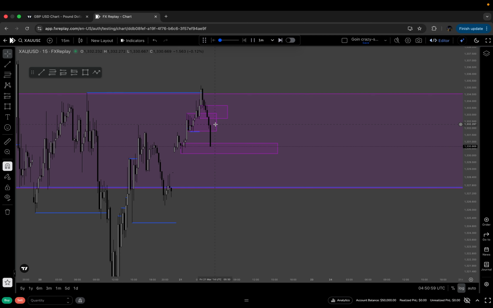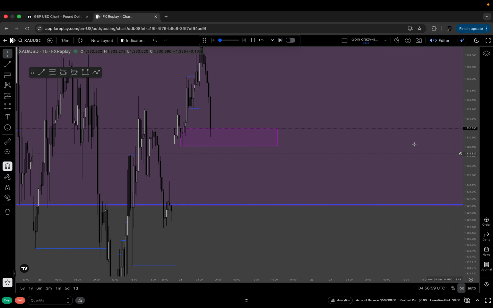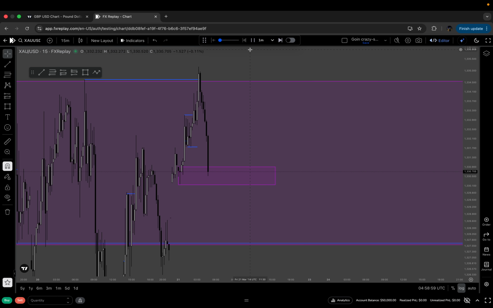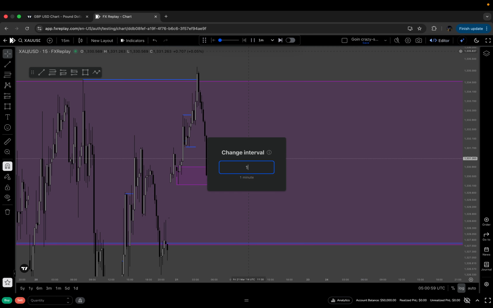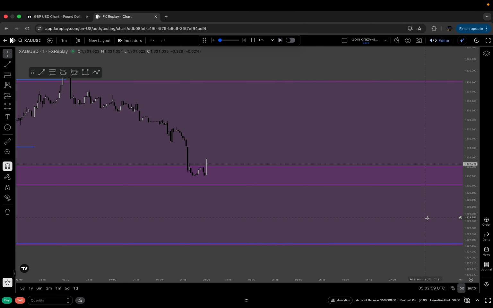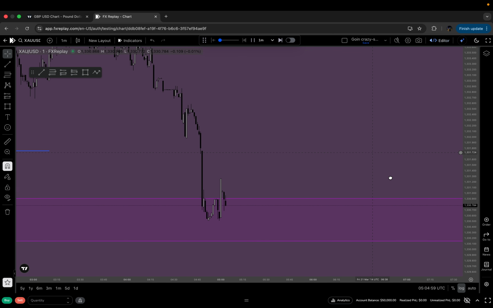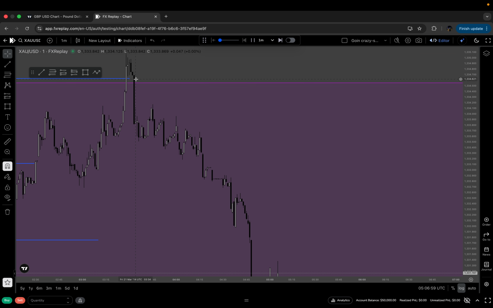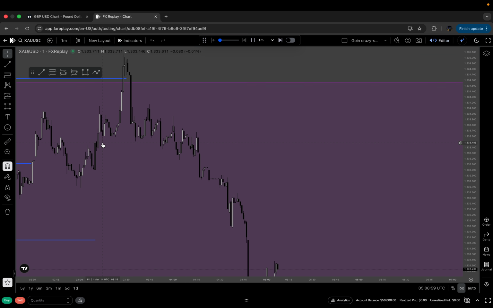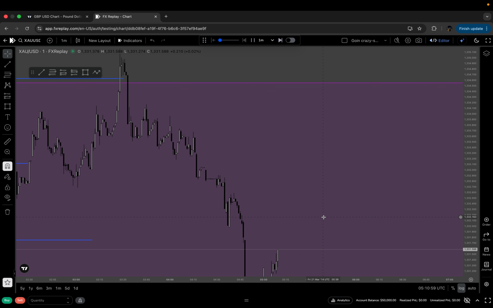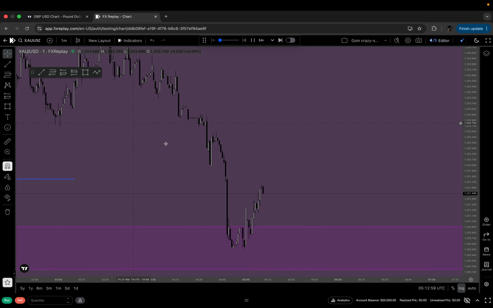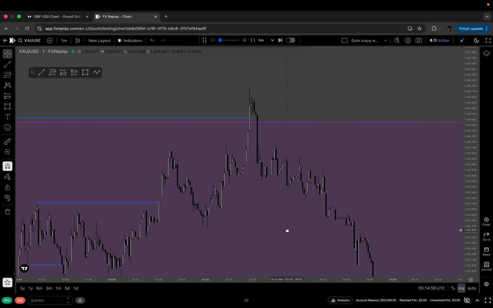Okay, break past this level. This level. This one has some potential. So it might have some potential. So last break.